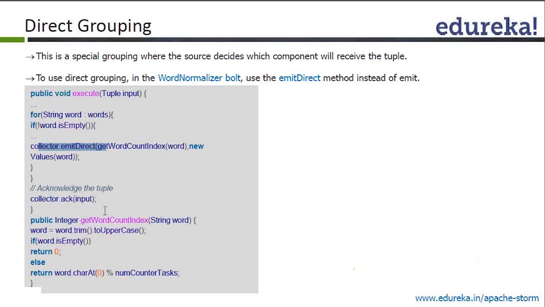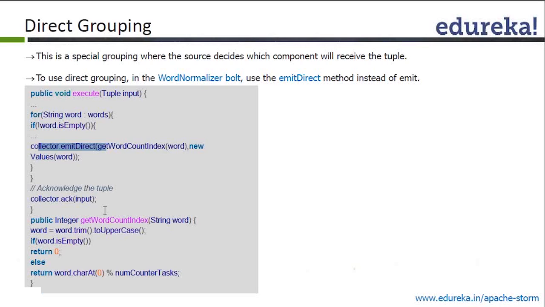Why would you do a modulo? Let me take the example of Vishnu. What is essentially happening here? It takes the name, converts it into uppercase, and for the first character takes the modulo of the total number of tasks.